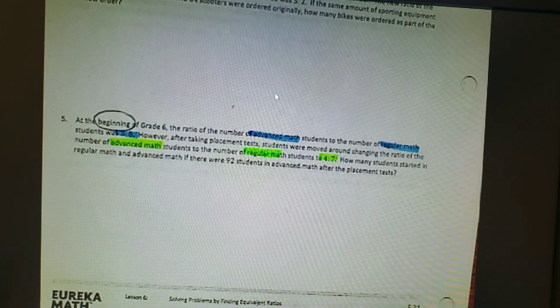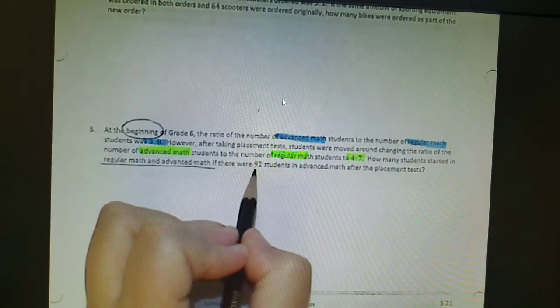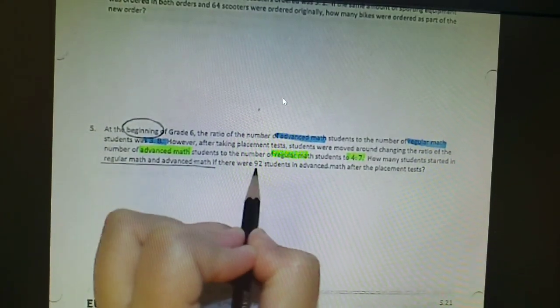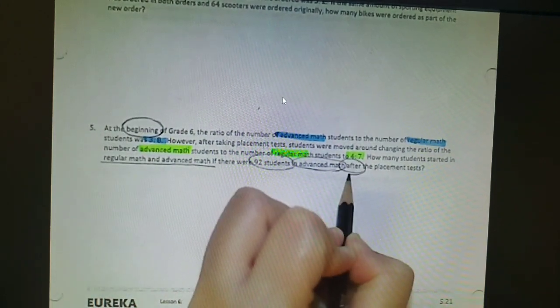So what we're doing is comparing before the pretest and after the pretest assessment that was taken. How many students started in regular math and advanced math if there were 92 students in the advanced math class after? So we had 92 students in advanced math after.